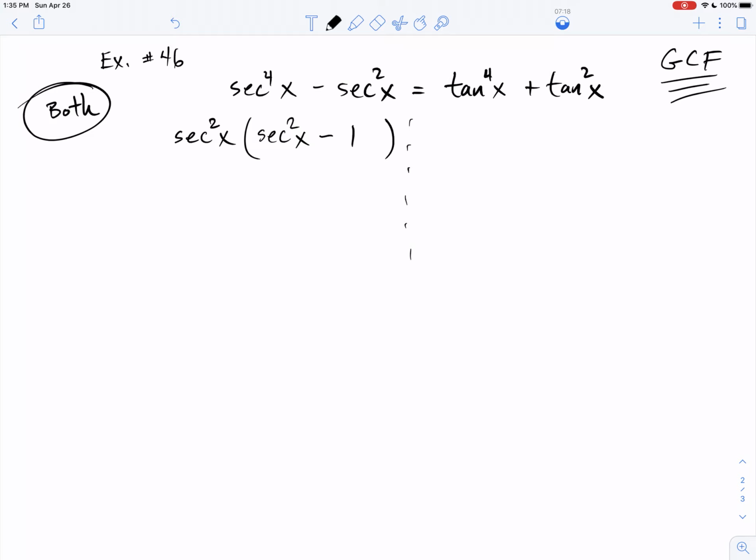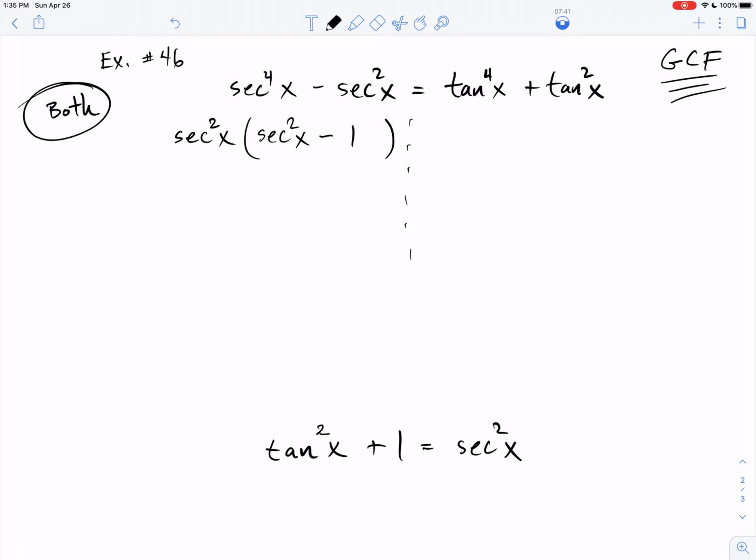And you might look at that and say, well, I don't have a formula for that. I have a tan and 1 sec thing going on. But think about it. I'm going to write it down at the bottom here so it's away from the action. Tangent squared x plus 1 is equivalent to secant squared x. So this is in the brown box.